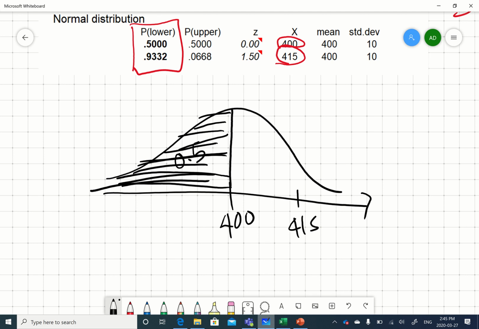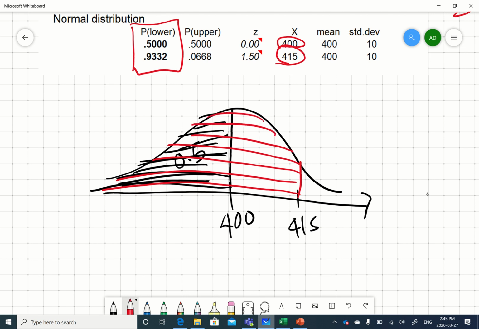Okay, and then 0.9332 is the complete area left to 415. So the complete area left to 415 is 0.9332. So what we need is the area in between.